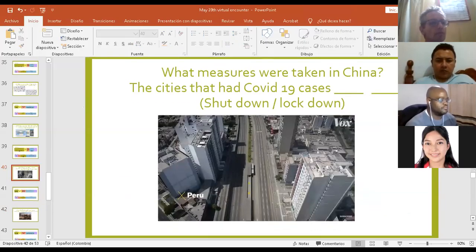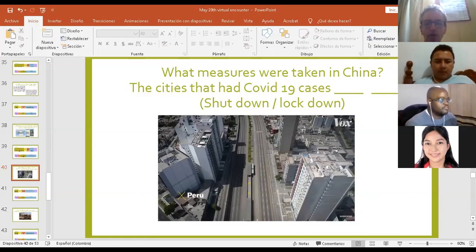Okay, then we have this one. Leonardo, please. What measures were taken in China, the cities that had COVID-19 cases locked down?